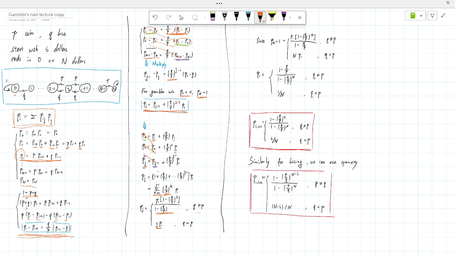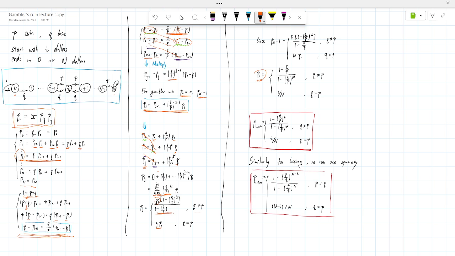Then we have this expression. So we can calculate P1. Substitute P1 back to here, then we have the probability of winning, which is this.